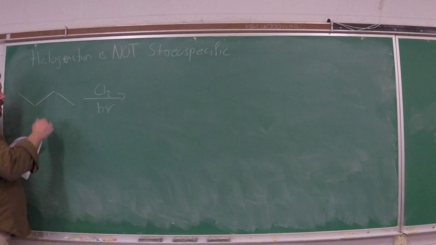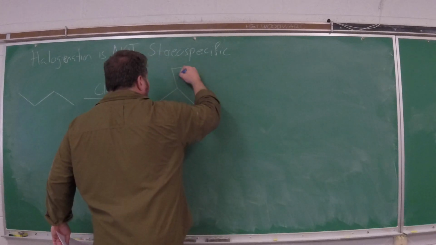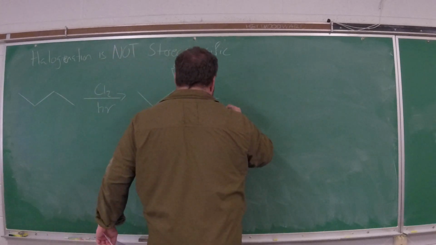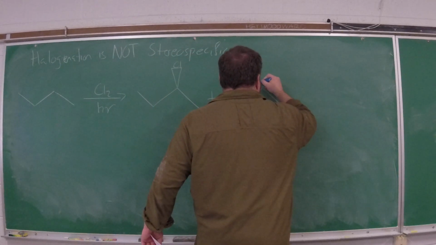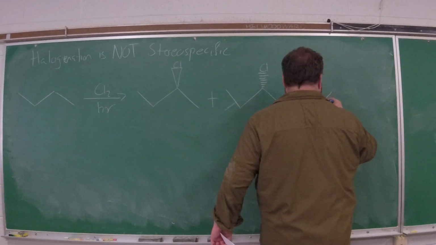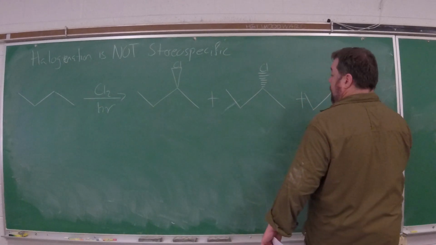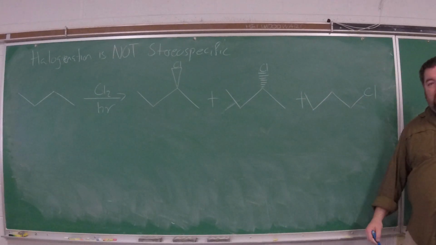If we do it here, we're gonna have the chiral compound. So we're gonna end up with this. Right, so we end up with 3 products, okay?